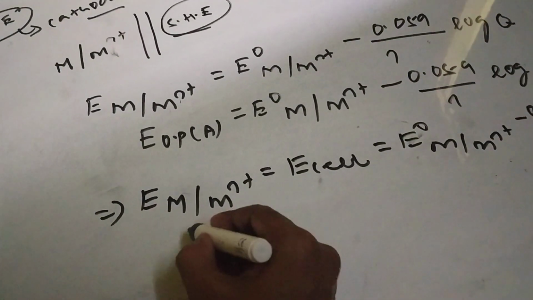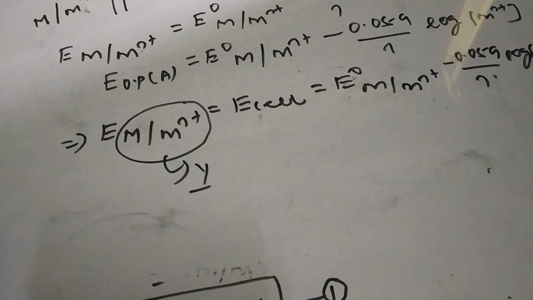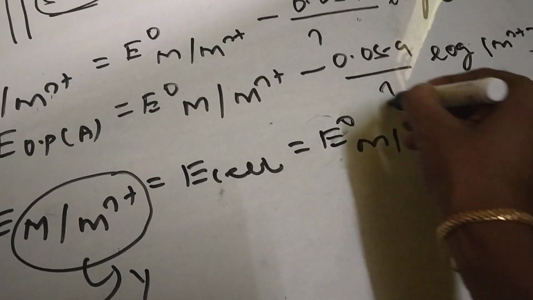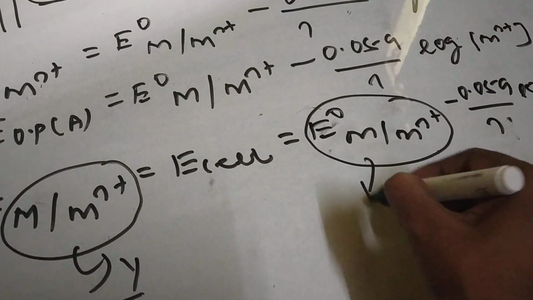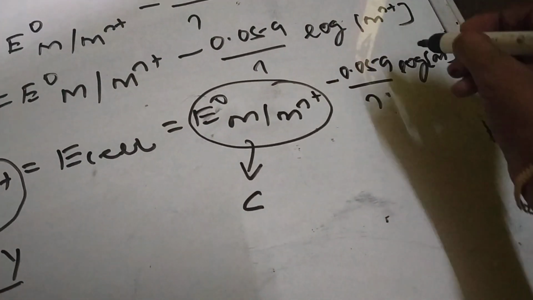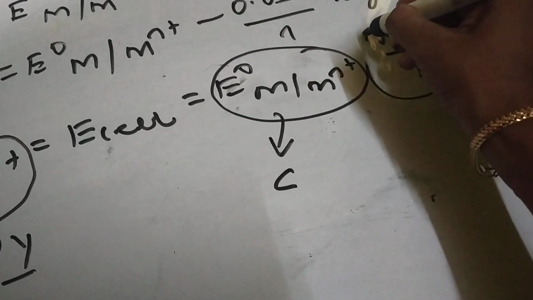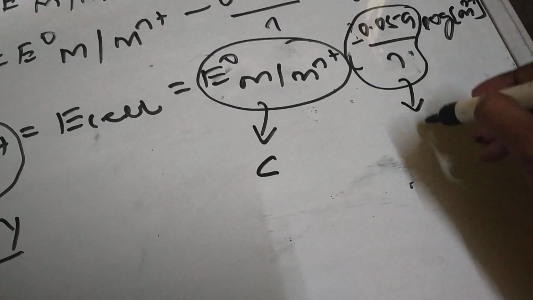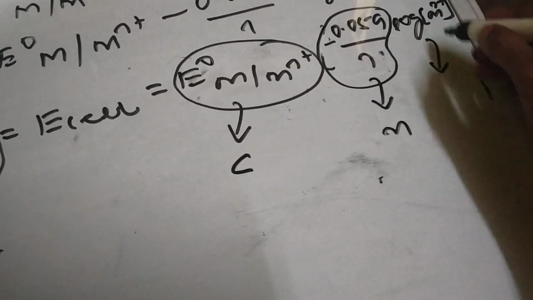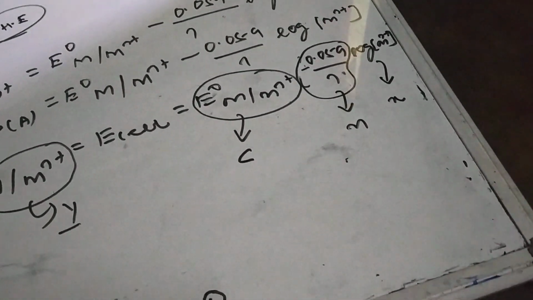Here I will take the oxidation potential along the y-axis, and this constant standard oxidation potential value is, let's say, C, and minus 0.059 by n will be the slope, M. Then log Mn+ is the x-axis.